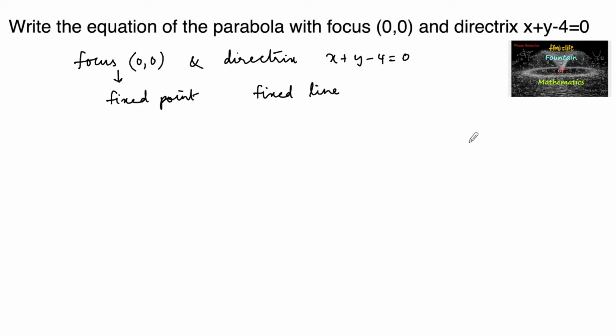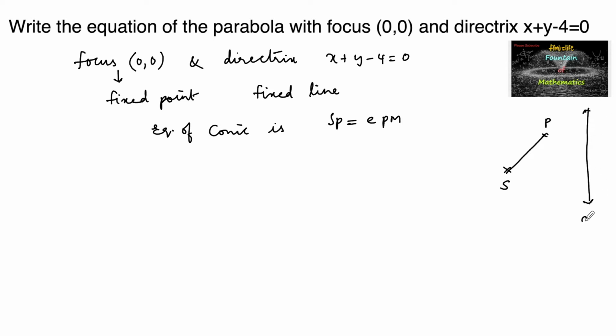As per the definition of a conic, we have the equation of conic as SP is equal to E times PM, that is the distance from a fixed point S to a moving point P is equal to E times the distance from the point to the fixed line, that is the directrix.